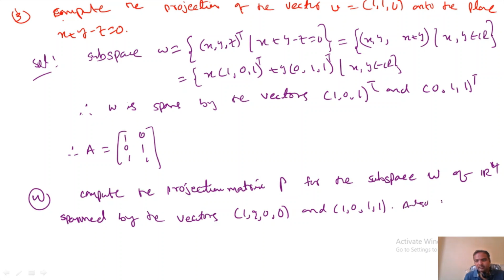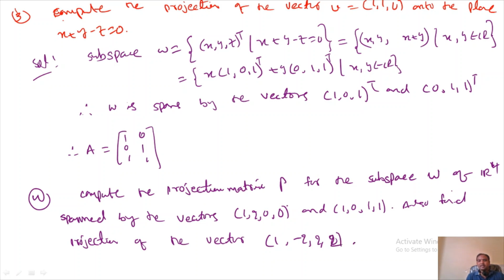Also find the projection of the vector (1, -2, 2, 2). Find the projection of this vector also. It's not mentioned as transpose, so you take it as a column vector, don't take row vectors. We are taking the column space, we are projecting onto the column space.